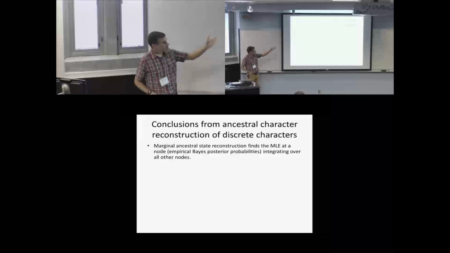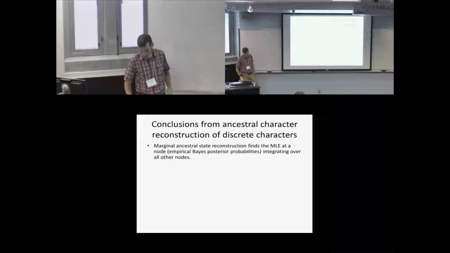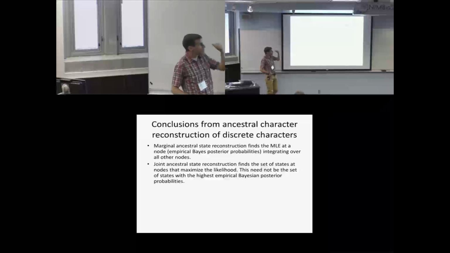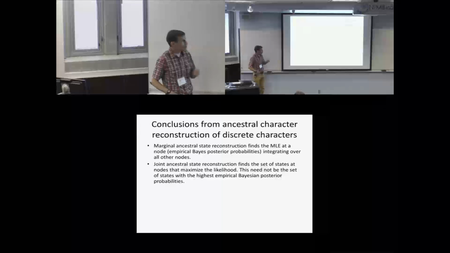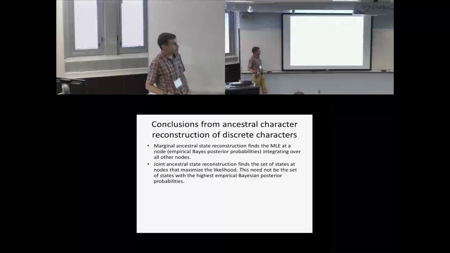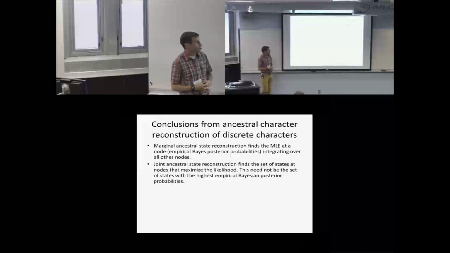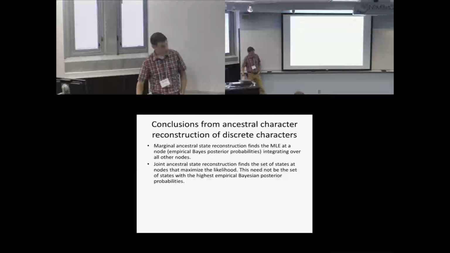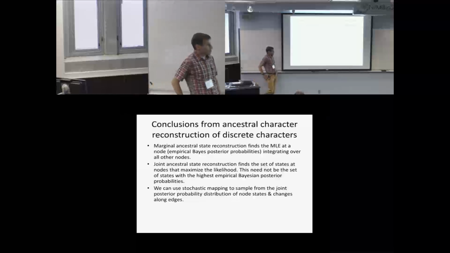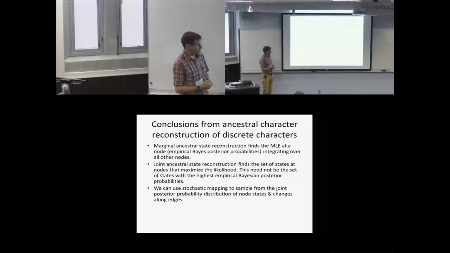The distinction between marginal and joint ancestral state reconstruction is that marginal ancestral state reconstruction is essentially finding the maximum likelihood state at a node. Normally we represent these node by node, but what it involves is going to each node separately and finding the state that maximizes the likelihood, integrating over all the possible states at all the other nodes in the tree. Whereas joint ancestral state reconstruction finds the set of states that maximize the likelihood.